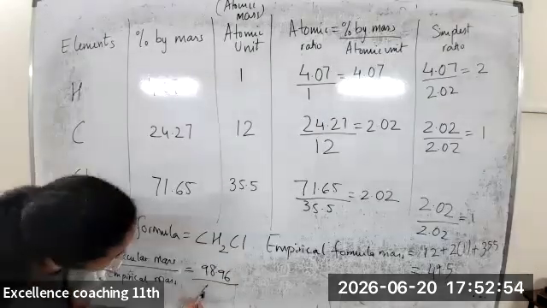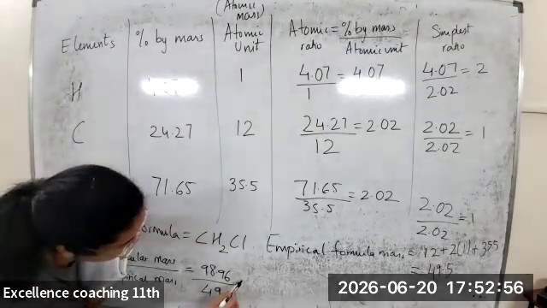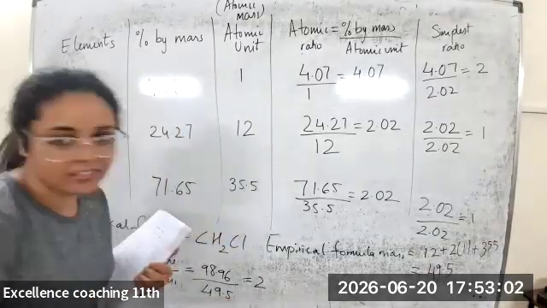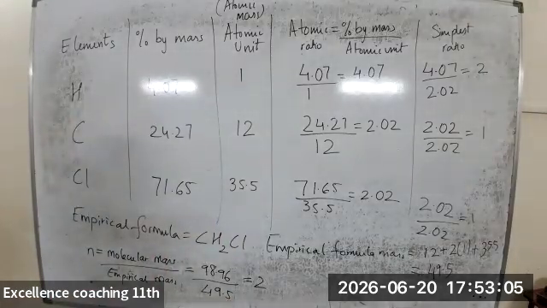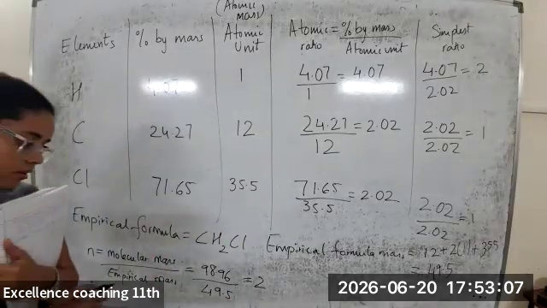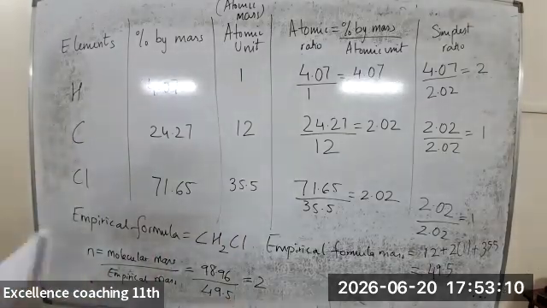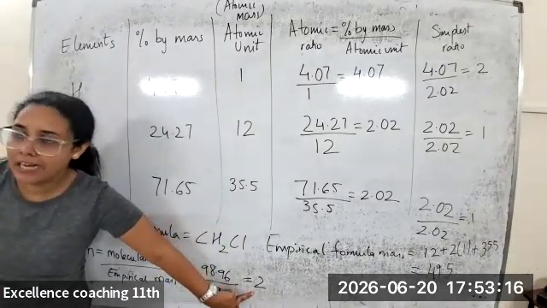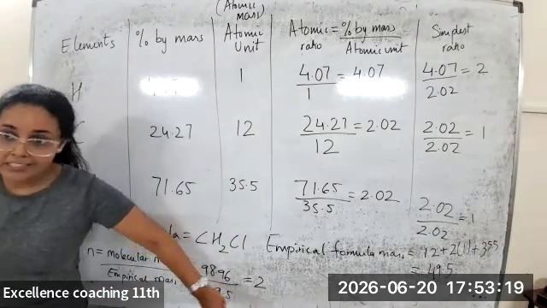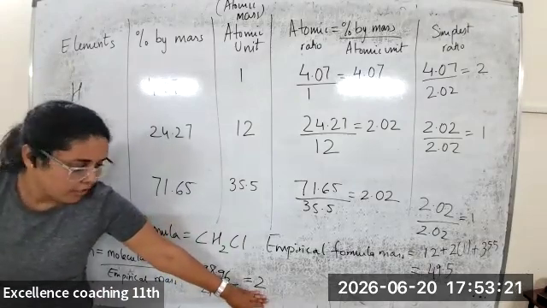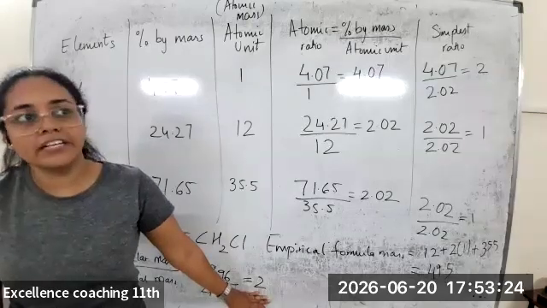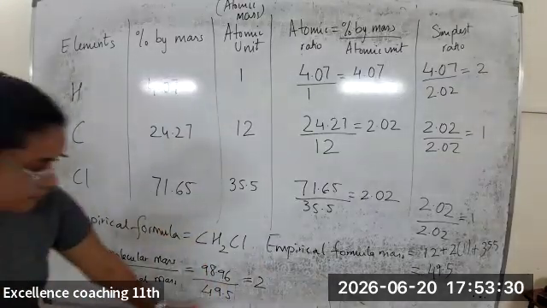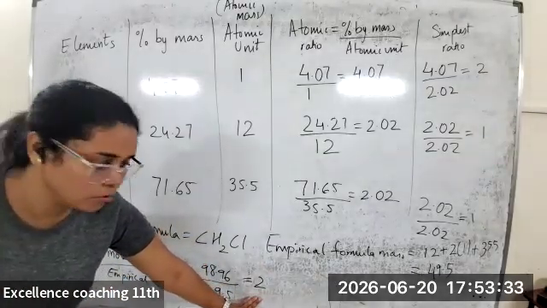Okay, divided by 49.5 which we got here. If you divide, it will be 2 point something. How much are you getting? I think you will have to use log. But it can be this value. If you had got something like 1.5 or 2.2, still you will keep it as 2. If you had got something like 2.8, then convert it into 3. So here it is coming as 2.